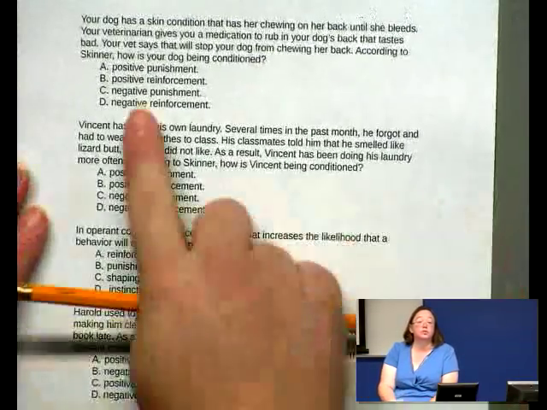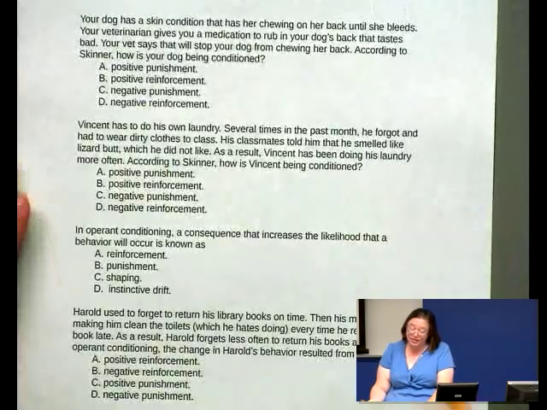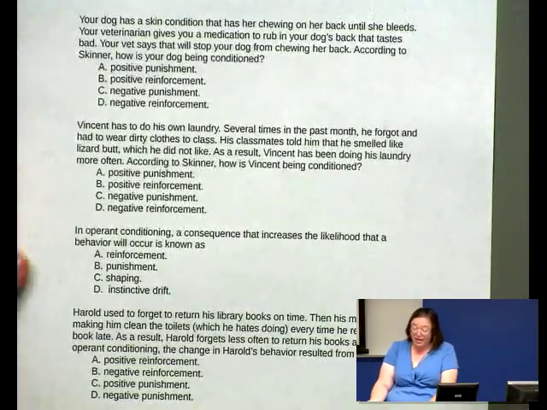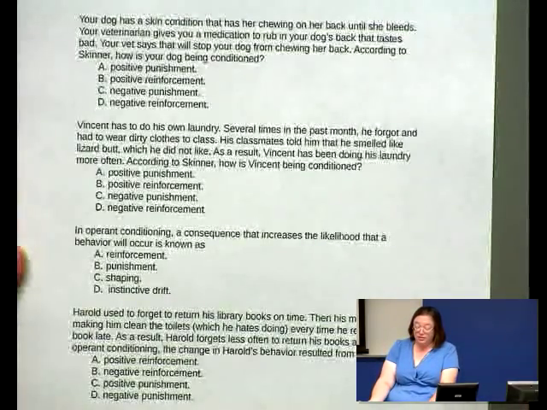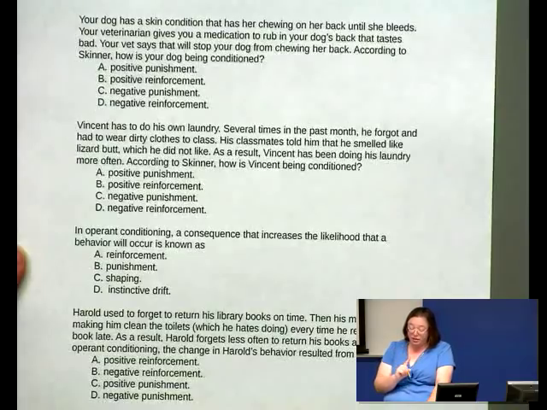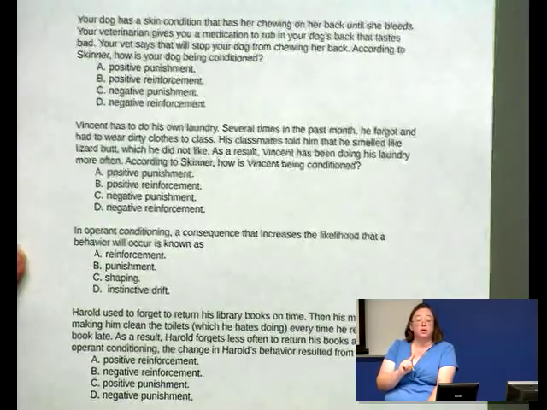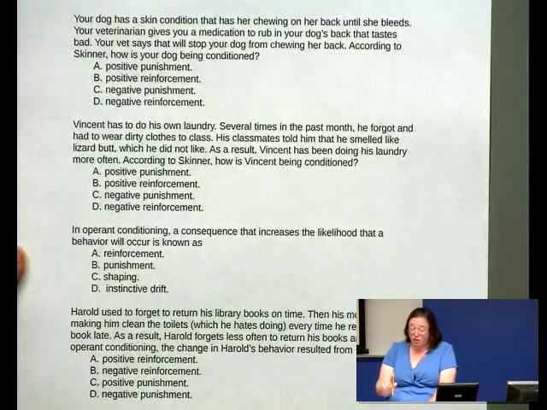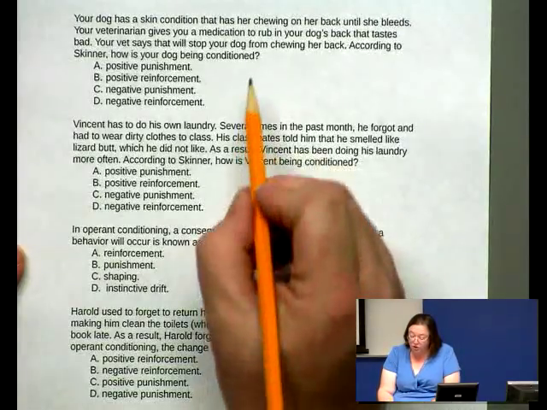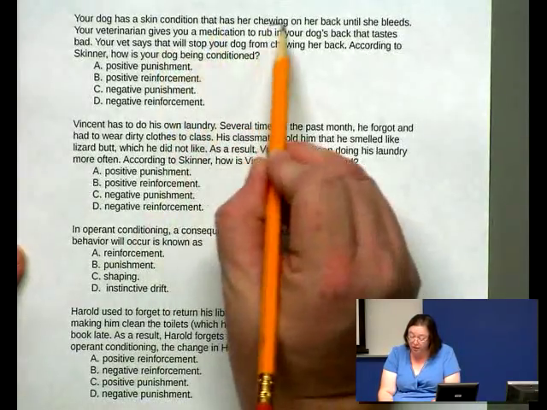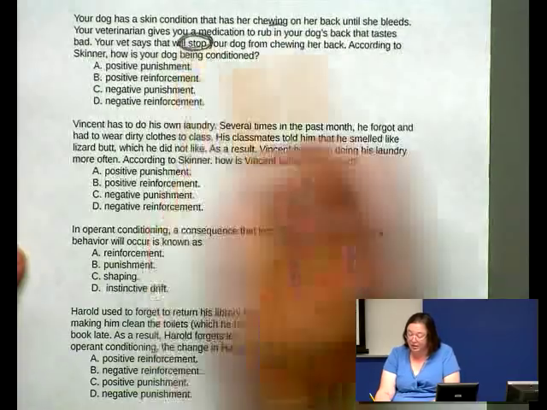Alrighty. So the first one we have here is, your dog has a skin condition that has her chewing on her back until she bleeds. Your veterinarian gives you a medication to rub on your dog's back that tastes bad. Your vet says that will stop the dog from chewing her back. According to Skinner, how is she being conditioned? Now, the behavior of our dog is the chewing. We want it to stop.